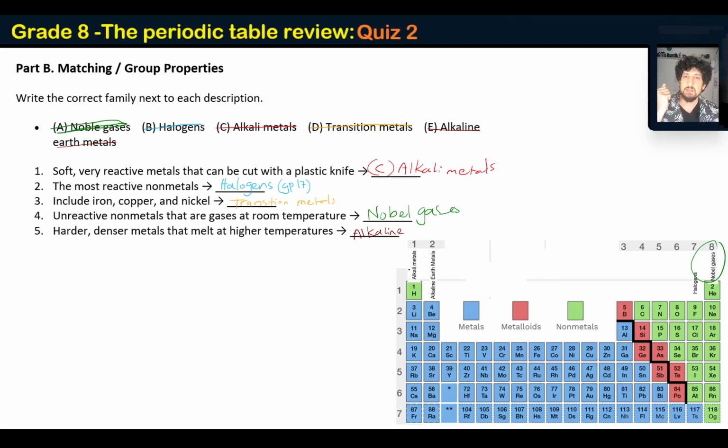They are slightly less reactive. They are reactive as well, by the way. They're just less reactive. They are denser and they exist in bigger amounts. Alkaline earth metals. And of course that is group 2. Okay? Group 2, and that is group 18 or 8. Okay, let's move on.